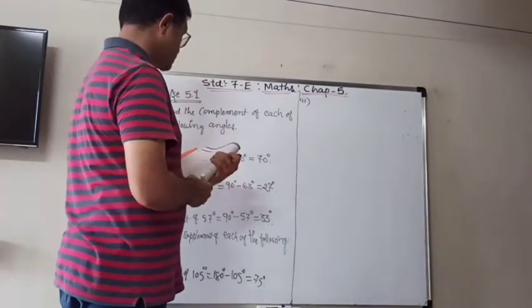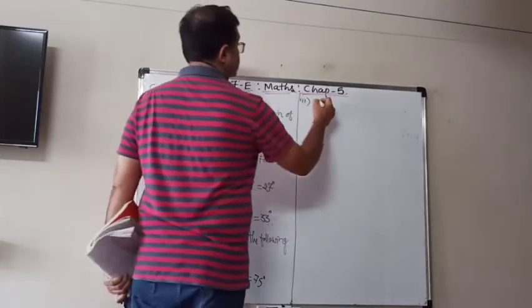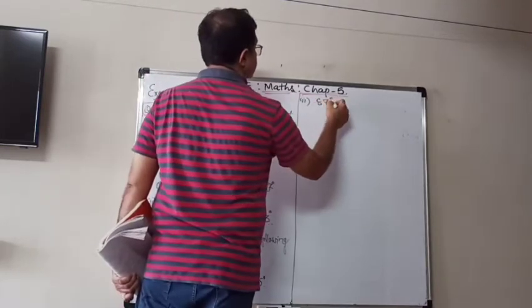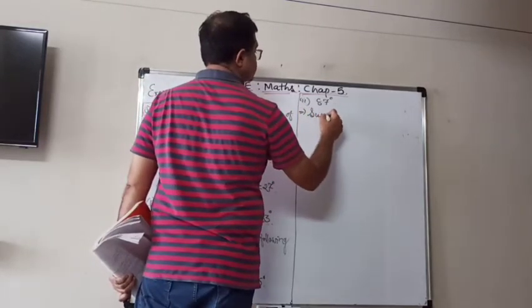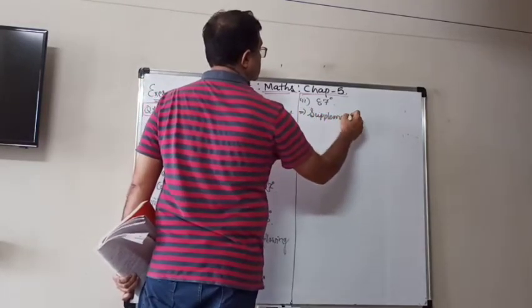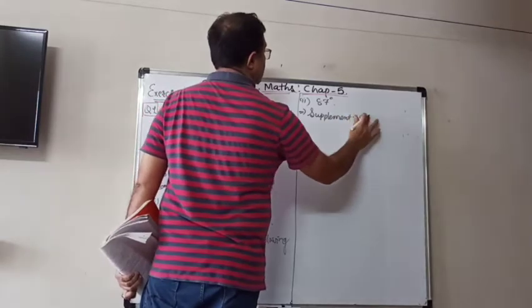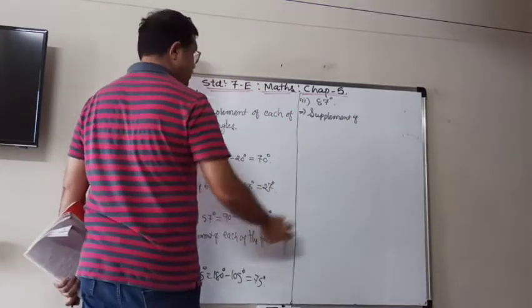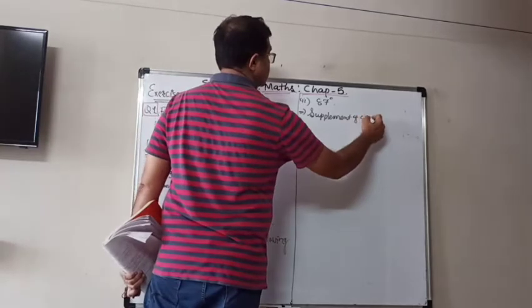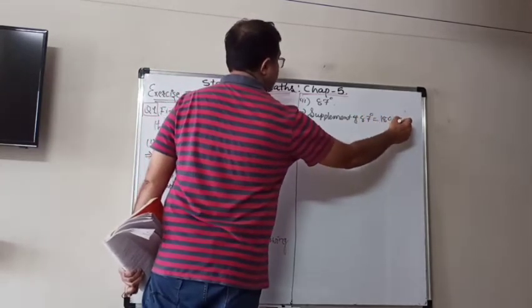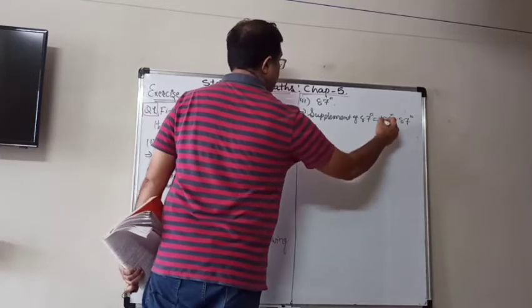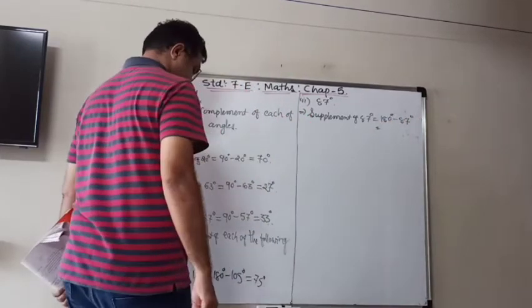Second, 87 degrees. So now supplement of angle, or we can write supplement of 87 degrees is equal to 180 minus 87 degrees.